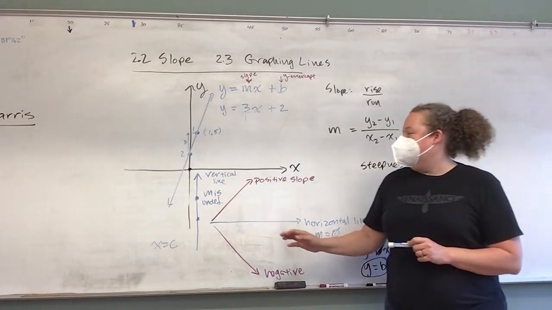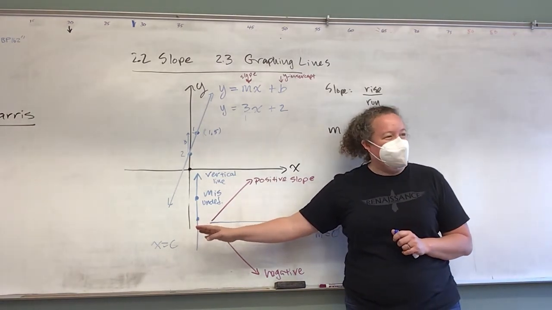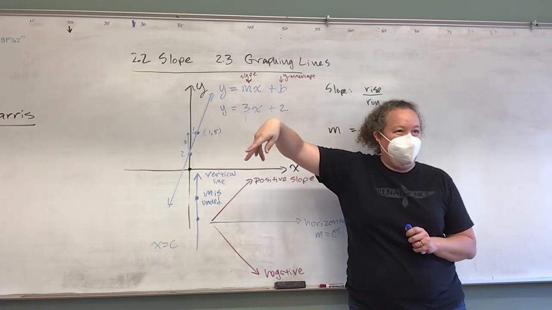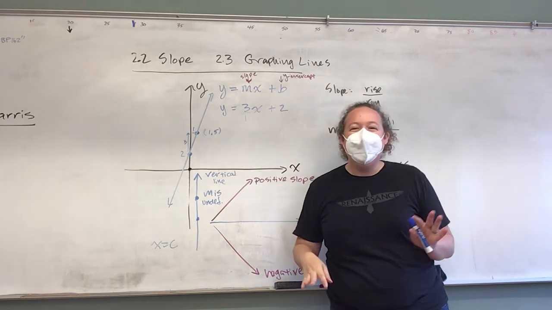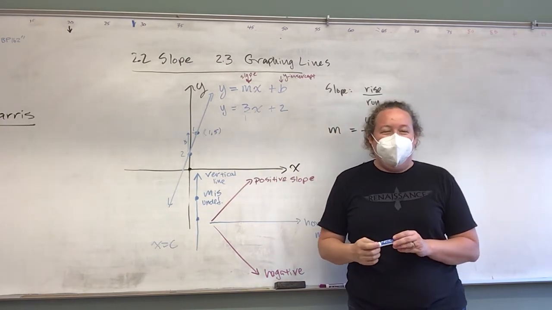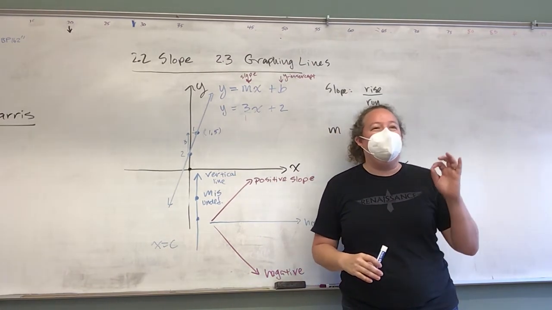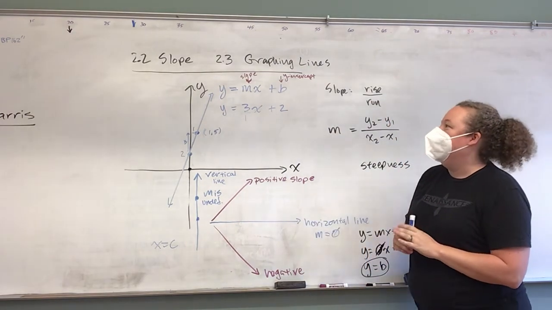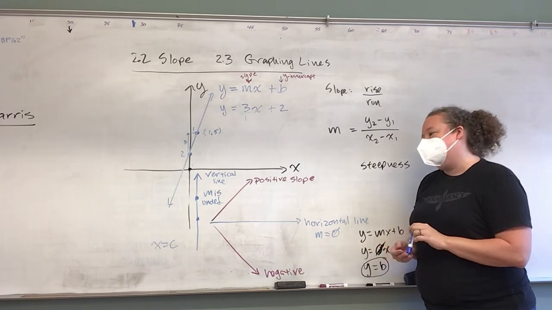Yes, exactly. The vertical line perfectly fails the vertical line test. Not only are there multiple outputs, there are infinite outputs. It fails it spectacularly. Okay, so a vertical line is not a function.